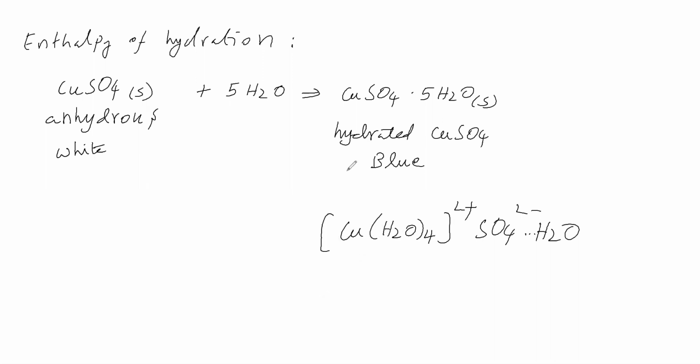Therefore, it is a complex. Okay, it is the structure of this hydrated copper sulfate. This hydrated copper sulfate structure I will give in detail. Cu2 plus I will take. Cu2 plus is providing vacant orbital. Oxygen of water is providing a lone pair. Therefore, dative bond is possible here.